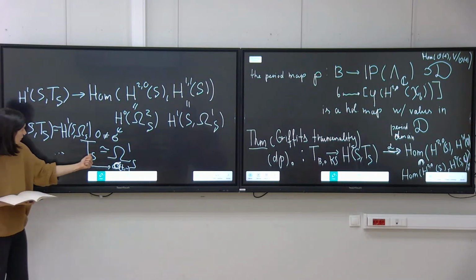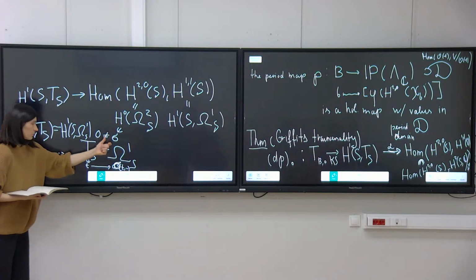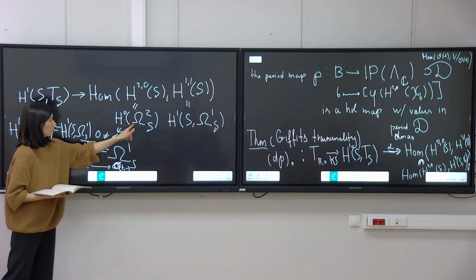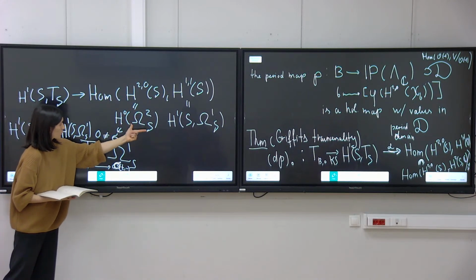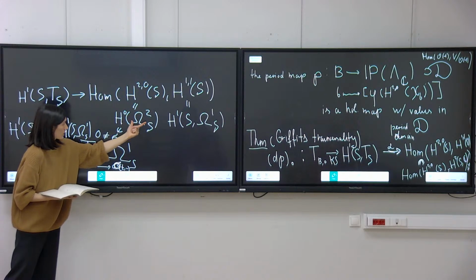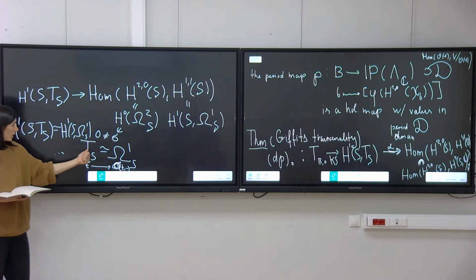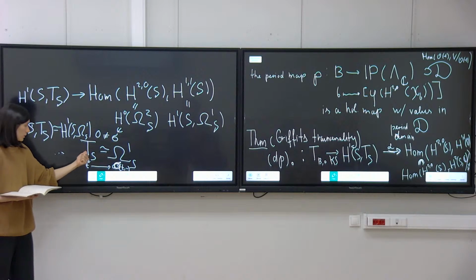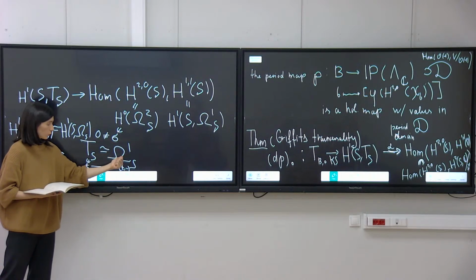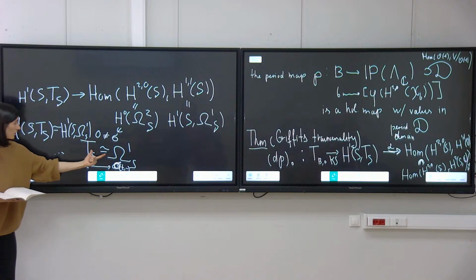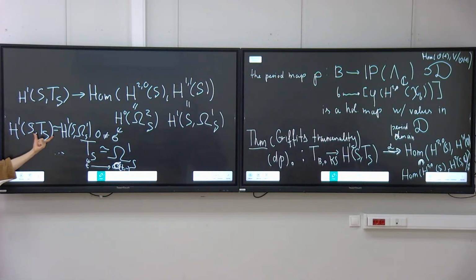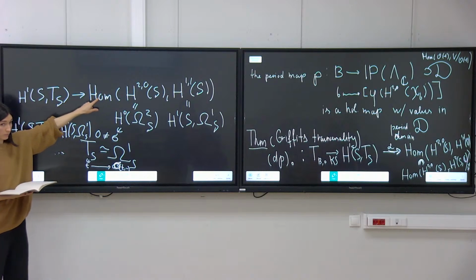So if we fix an element from global sections of second differentials, then we have an identification of the tangent bundle with the cotangent bundle, right? If they are isomorphic, then their first cohomologies are also isomorphic. And this is exactly this map.